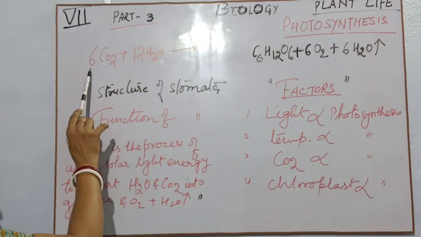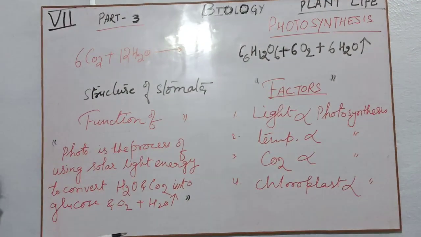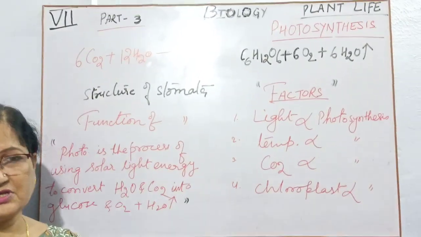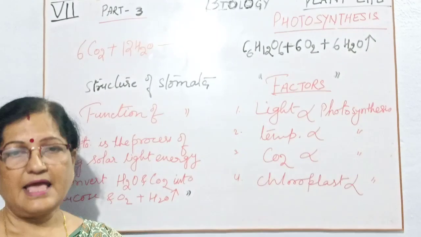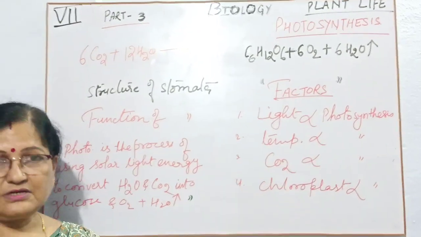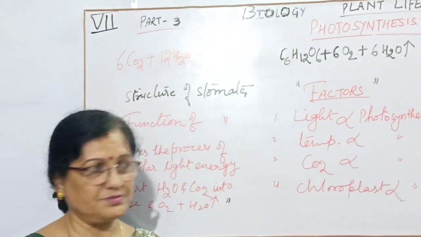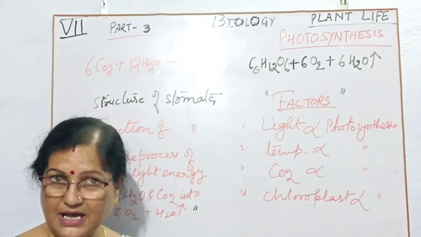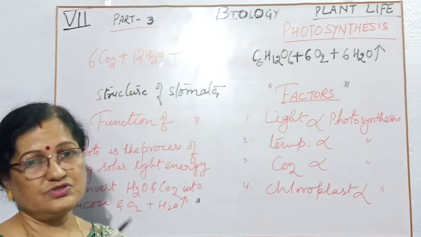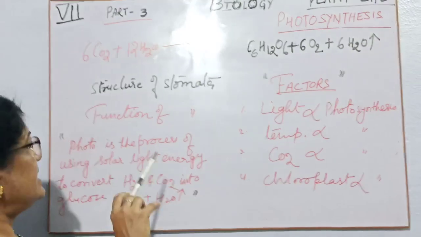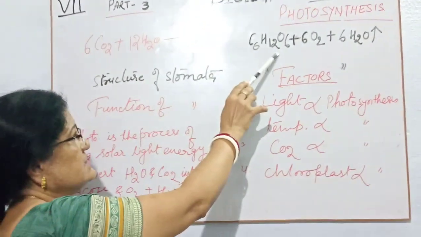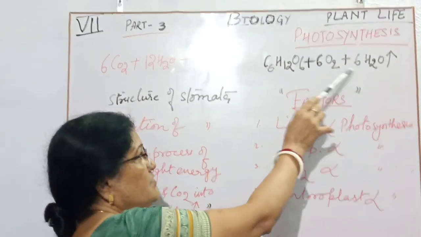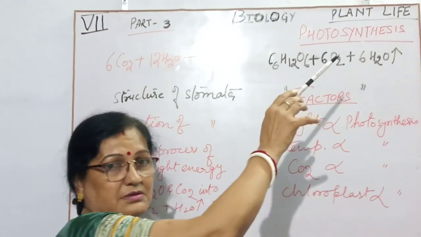Now children, photosynthesis is the process by which plants take carbon dioxide through the stomata and take water through the root with the help of absorption, and then they have chlorophyll in their chloroplast and use solar energy or sunlight energy and prepare glucose, that is C6H12O6, and release oxygen and some water vapor.